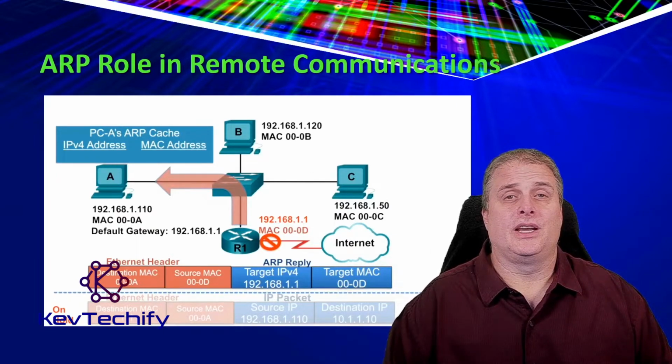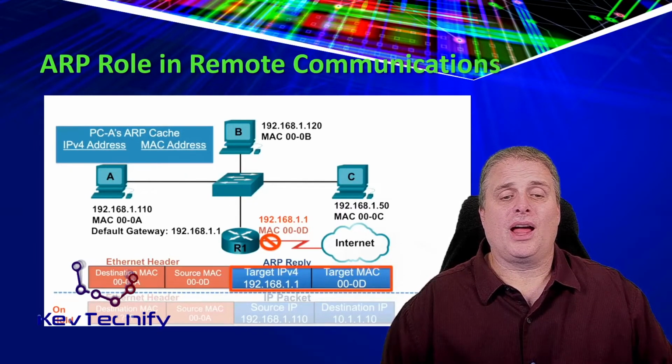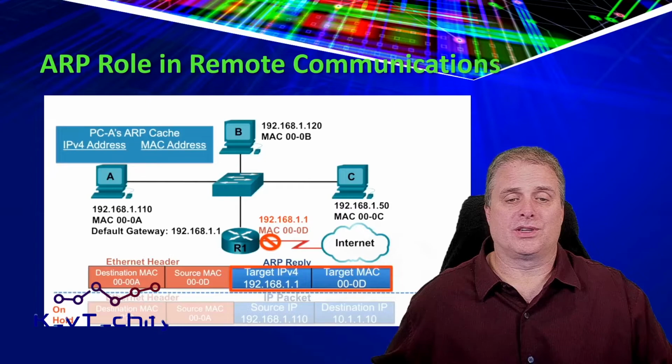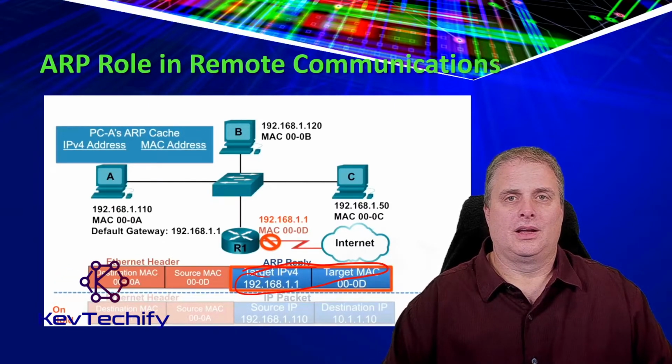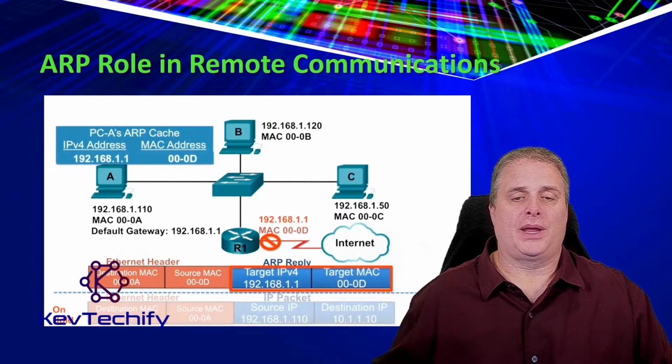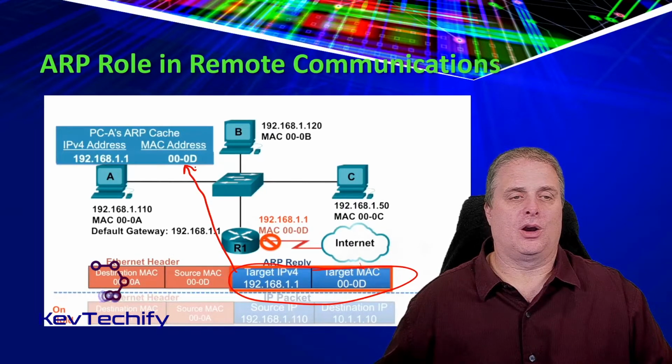PCA receives the ARP reply in response to its ARP request. When PCA receives the ARP reply, it sees the target IP version 4 address and the target MAC address, and then adds it to its ARP cache. Taking this information right here, putting it into PCA's ARP cache.